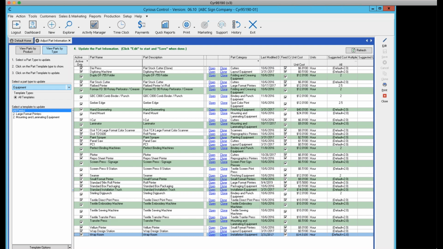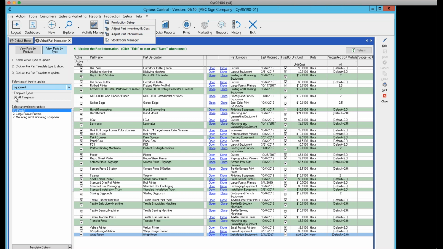Yes, we are. And what we're focusing on, just like we did on Tuesday with the labor, I am on the production in the taskbar and specifically adjust part information. And then I have chosen view parts by type and have chosen equipment.